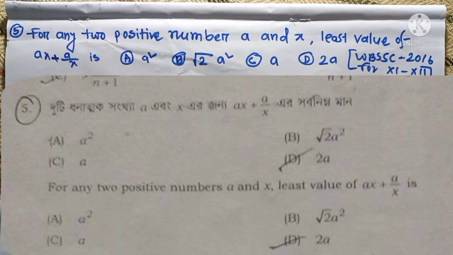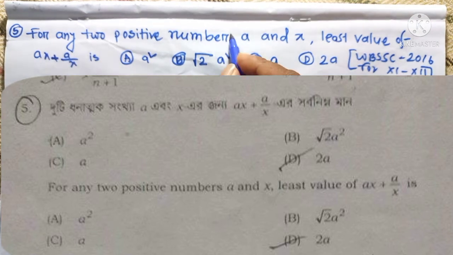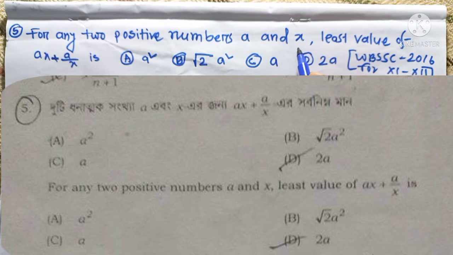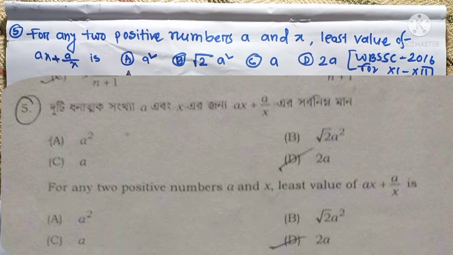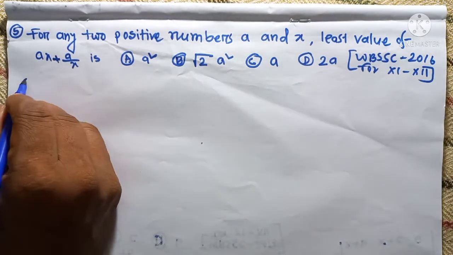Question number 5. For any two positive numbers a and x, least value of ax plus a by x is option A a square, option B root over 2 into a square, option C a, option D 2a. Solution.